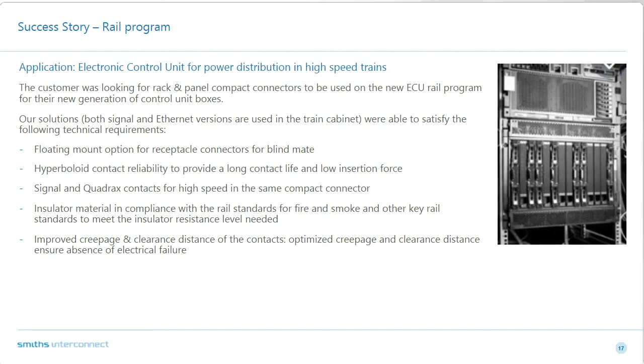The insulated material that we were able to use allowed us to comply with some of the rigorous rail standards for fire and smoke, and other key rail standards, to meet the insulation resistance level required. And finally, you do all of this with improved creepage and clearance distance of the contacts, optimizing to ensure the absence of any electrical failures.